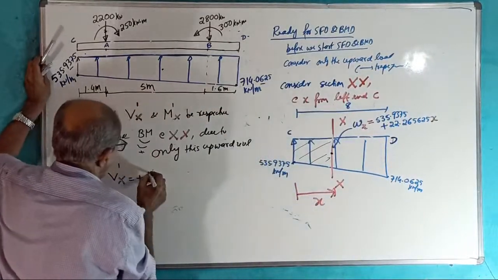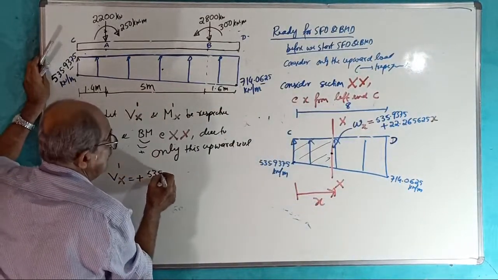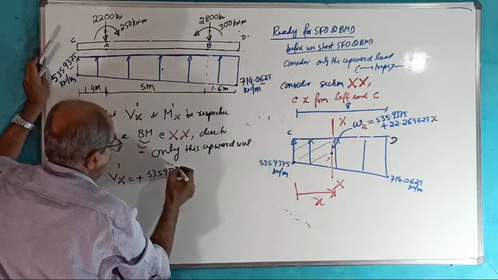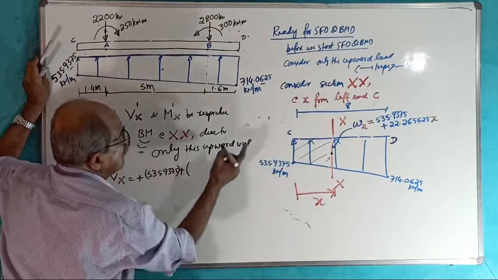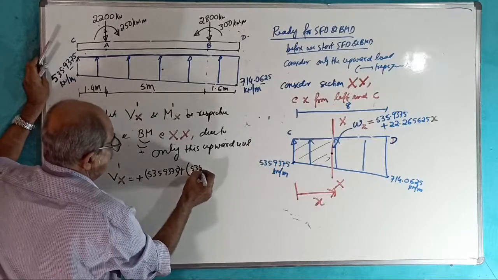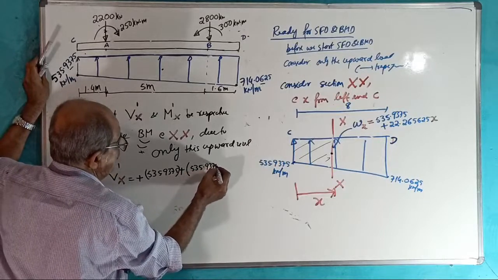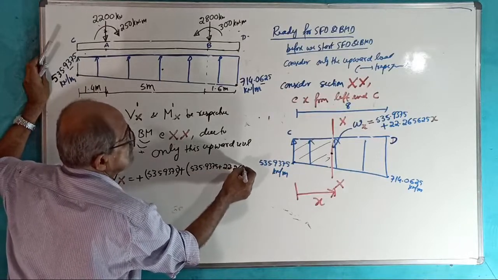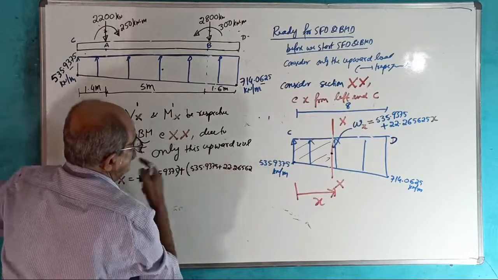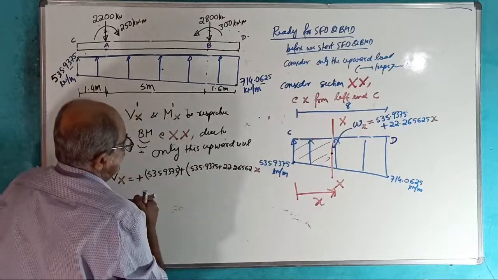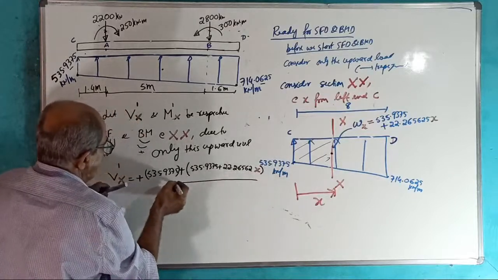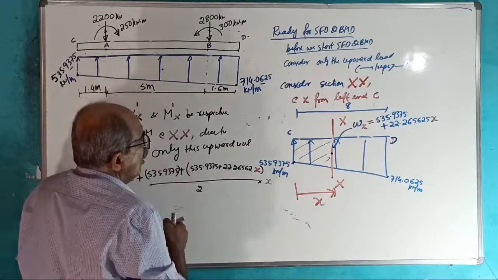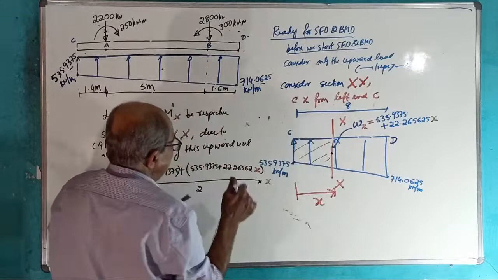It is 535.9375 plus, one bracket I will put here, 535.9375 plus 22.265625 times x, that one divided by 2 multiplied by x. Why? Only load, only area.